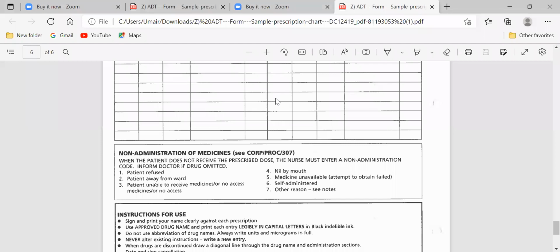Okay, so please write down the other scenario. You are FY2 in endocrinology. Patient's name is Jack Smith.